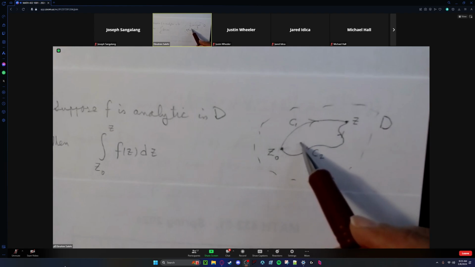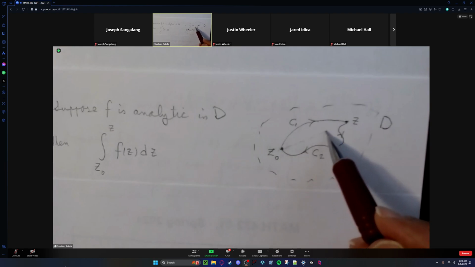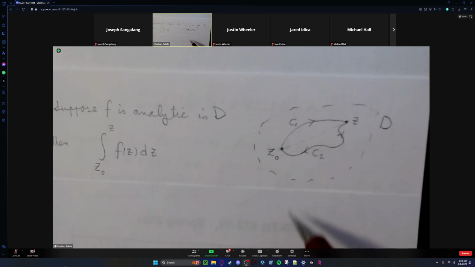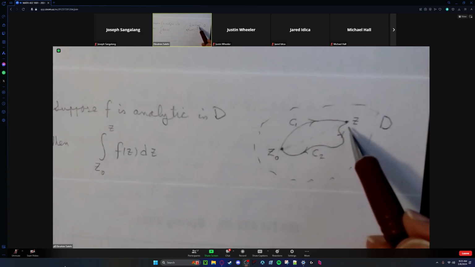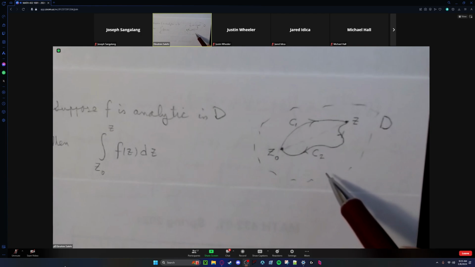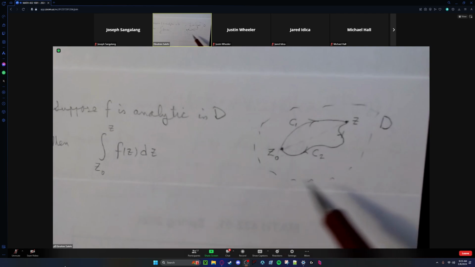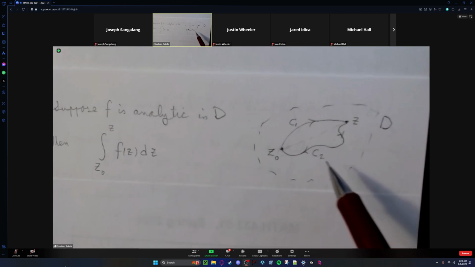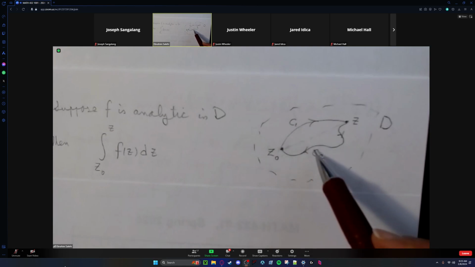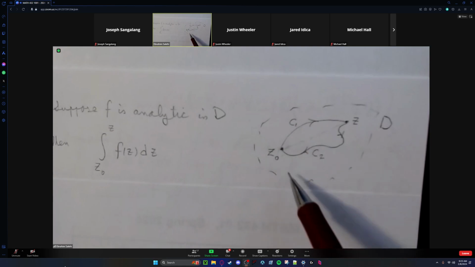Can I choose just a straight line? Or this, or this? The answer is, it doesn't matter. So the answer to the integral is independent of these curves. Why? Oh, here is why.